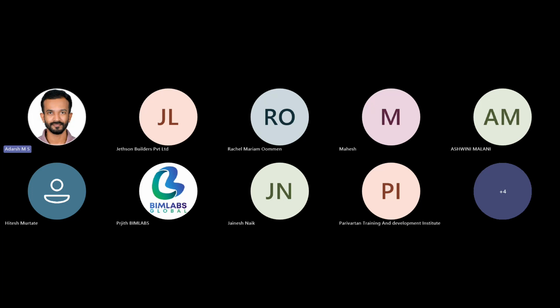So we developed a course to explore the chances of applying building information modeling in large scale infrastructure projects. I will share my screen and show you the course content and course outline, and you can ask questions if you have.